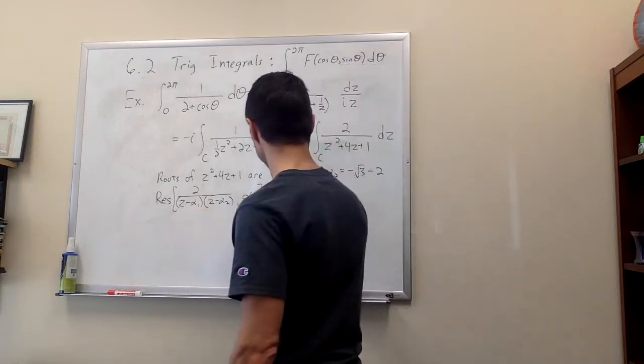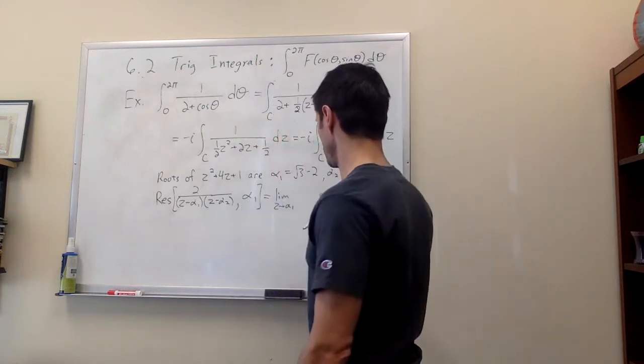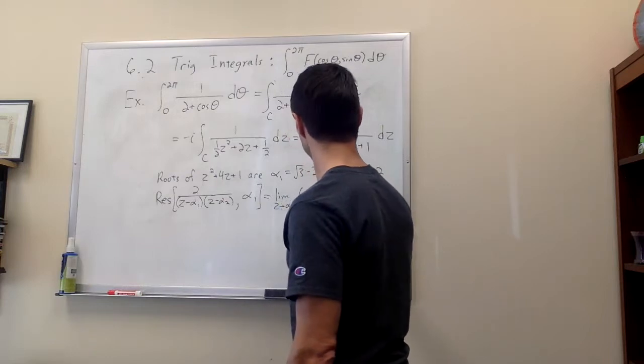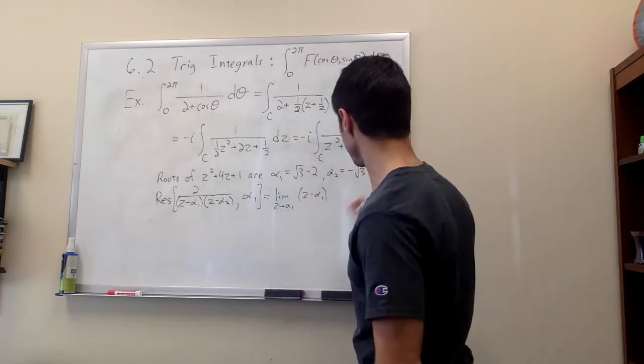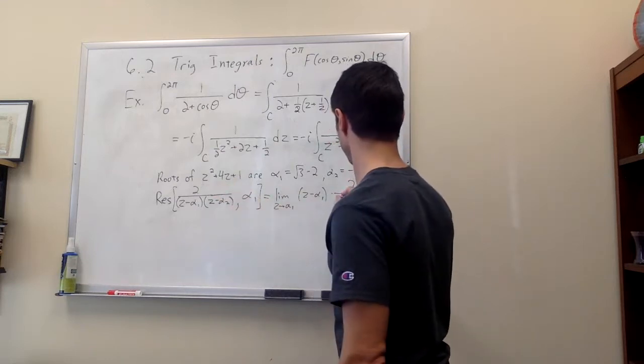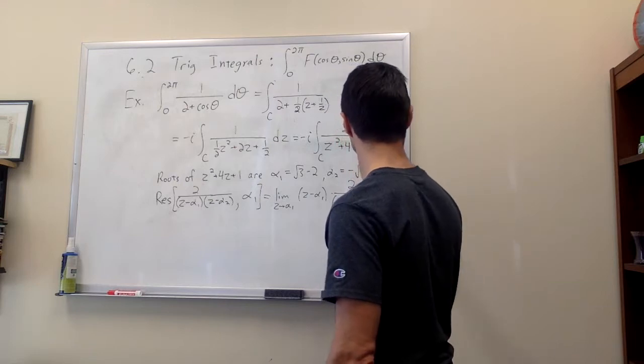We take the limit as z goes to alpha 1, and we don't have to do any derivative here. It's simply the limit of z minus alpha 1 times our function 2 over z minus alpha 1 times z minus alpha 2.